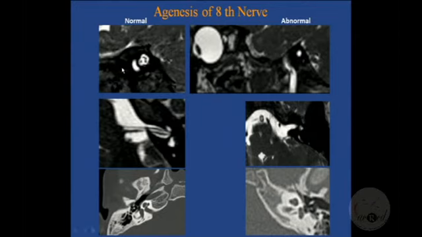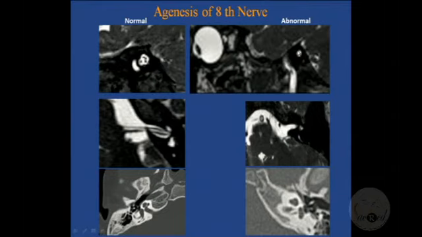So that's normal anatomy. On the abnormal side, the internal auditory canal is completely blank. There are no structures within the internal auditory canal. This is agenesis of the 7th and 8th nerve. That's an axial cut showing the 7th and 8th cranial nerves. Axial image, completely vacant or empty internal auditory canal. And these patients will have a stenotic IAC also.